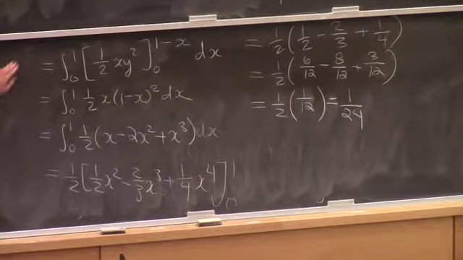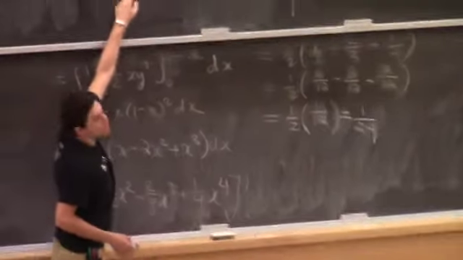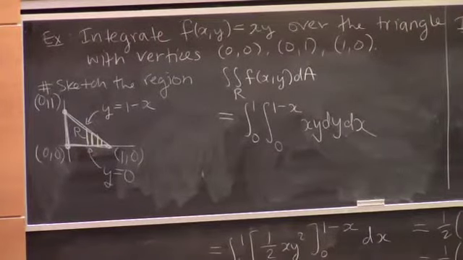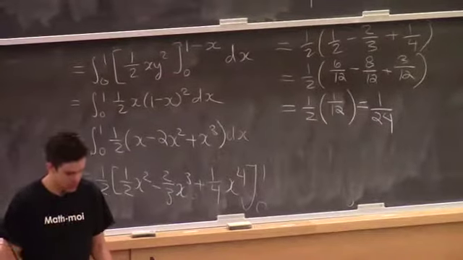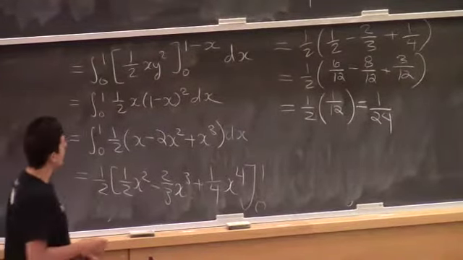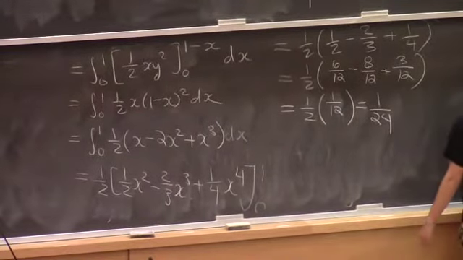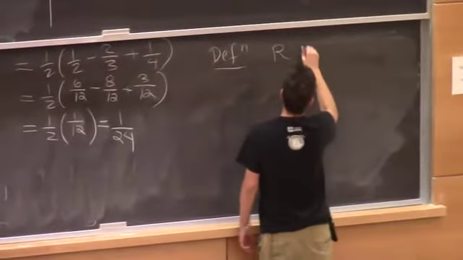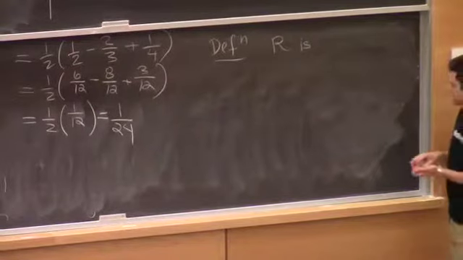Okay, we plug in the bounds in x, and then we plug in the continuous functions that make us y-simple in the other direction. Okay, so now I want to define what it means for a region in the plane to be simple.